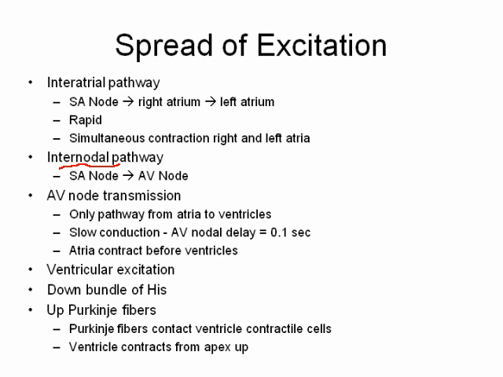And at the same time, we have conduction through the internodal pathway, that is, between the SA node and the AV node. This is, of course, in part, some of the same tissue we're talking about in our interatrial pathway.